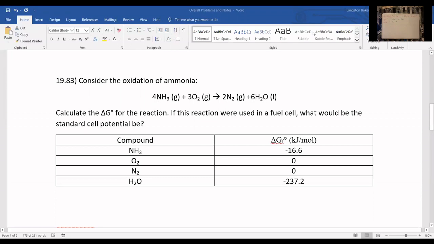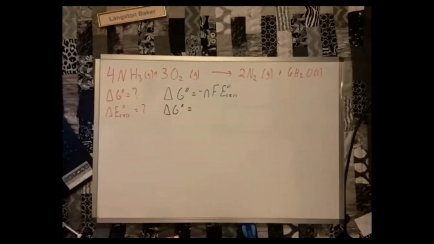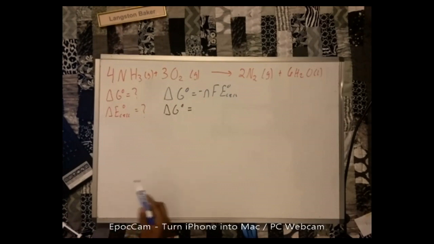Okay, I'm gonna stop sharing this now. So right, hopefully you checked it. This is our redox reaction, right? So we have to do what we were doing when we were balancing it. We split it into our two half-reactions.